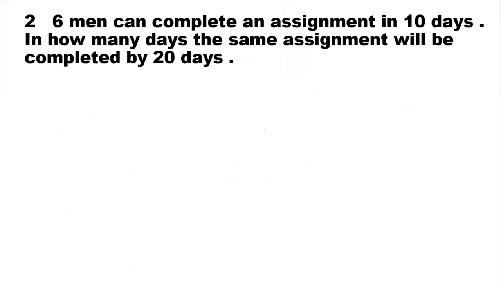Okay, students? Now, first of all, we will analyze whether this is a question of direct variation or indirect variation. Any question given to you in the exam won't mention whether it is direct variation or indirect variation. 6 men can complete an assignment in 10 days.